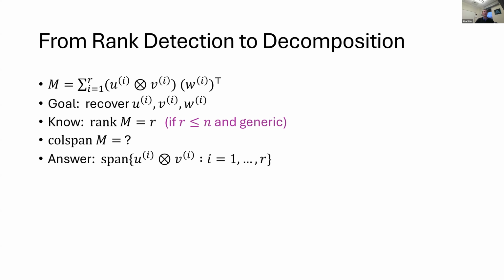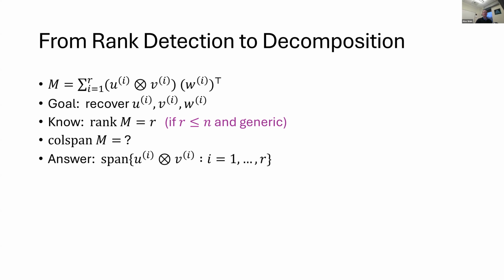Okay, and why is the column span equal to this? Certainly everything in the column span is a linear combination of those things. But by dimension counting, since we know the rank of M equals R from the previous slide, the span actually has to contain all of them.